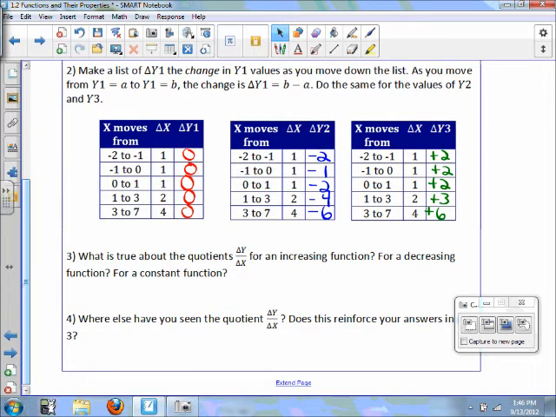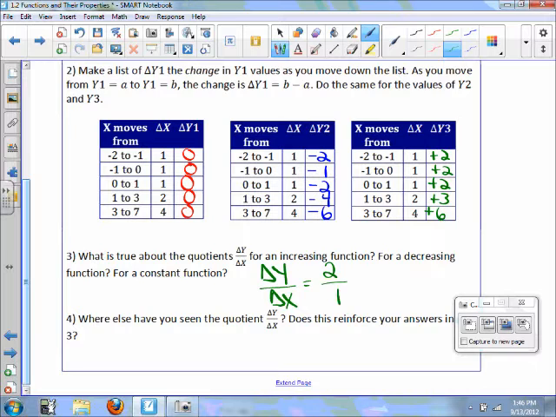Now, in number 3, we're looking at the charts again from number 2. What is true about the quotients, change in y over change in x, for an increasing function? Well, our increasing function was our y3. So what's true? Well, the change in y over the change in x will be 2 over 1, which equals a positive 2.